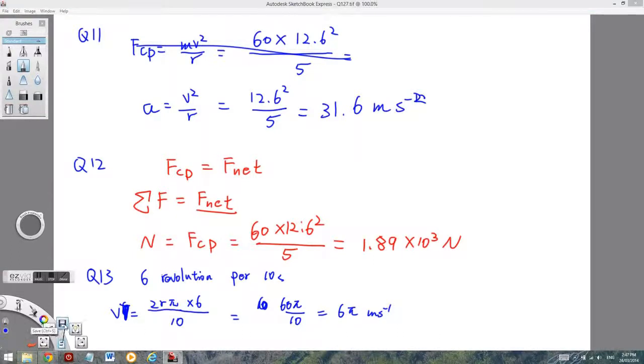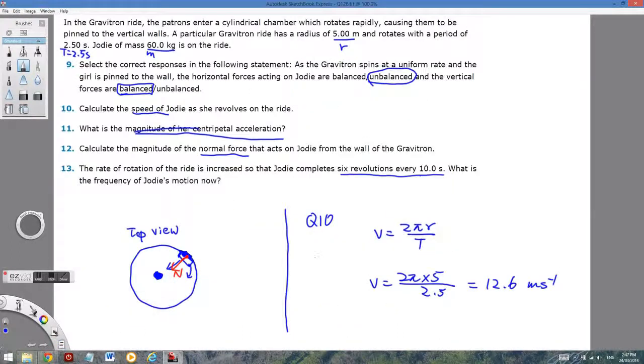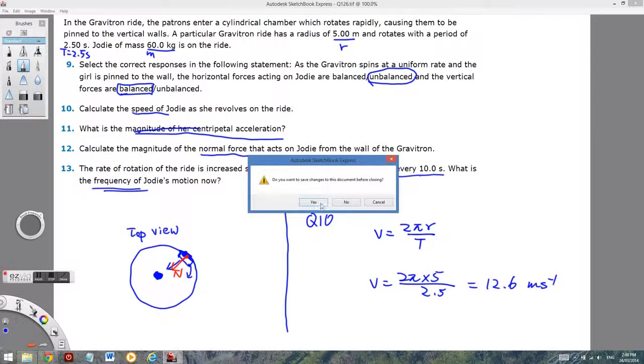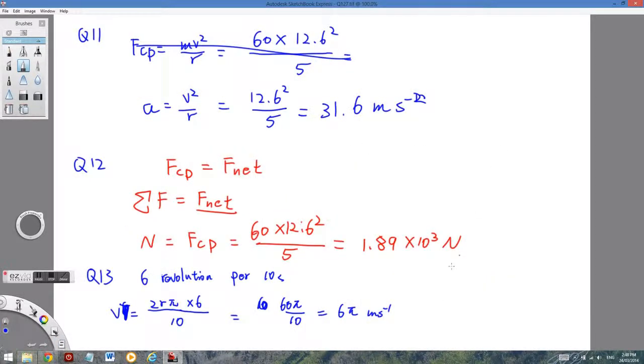Then they asked me for the frequency. Frequency is measured in hertz. It means how many revolutions per second. I have 6 revolutions every 10 seconds.